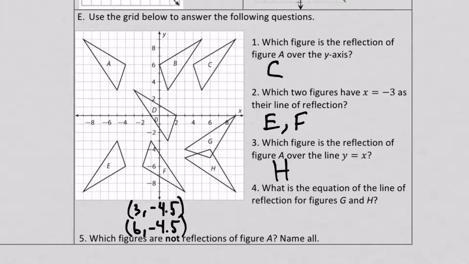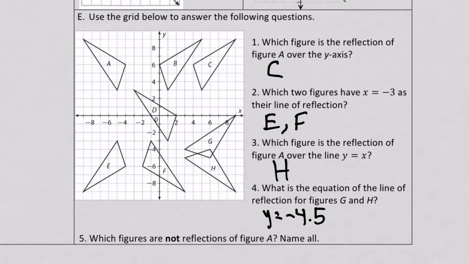In fact, if I do the same thing for these 2 points, I'm going to get the same y value, which is -4.5. That pretty much tells you that the equation of the line of reflection is this y value that they all have in common. It's going to be y equals -4.5. It's a horizontal line that passes through -4.5.